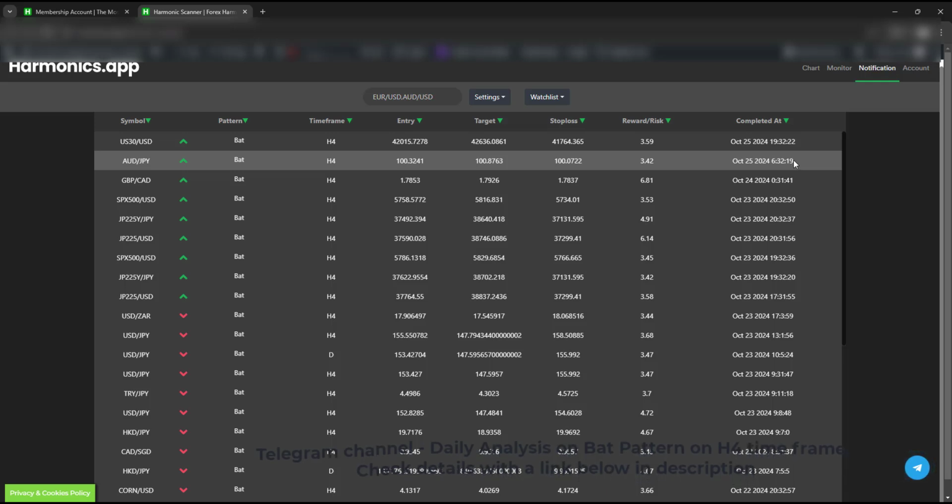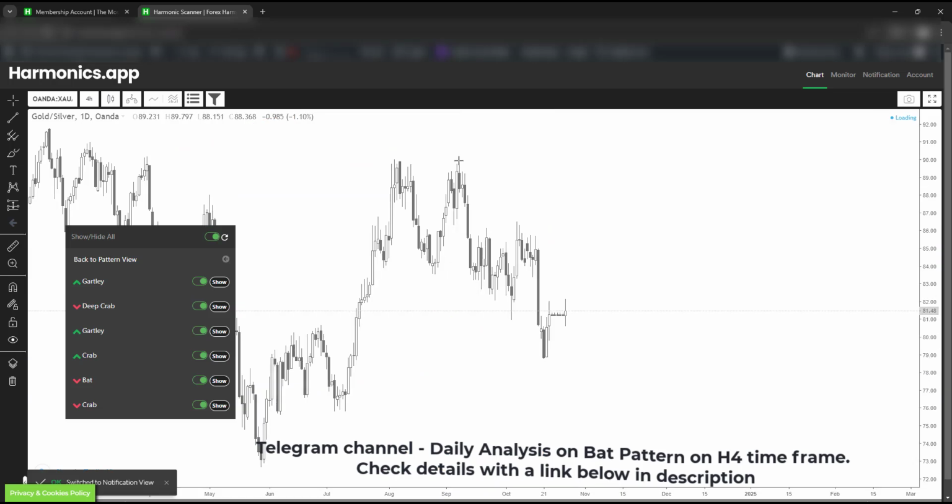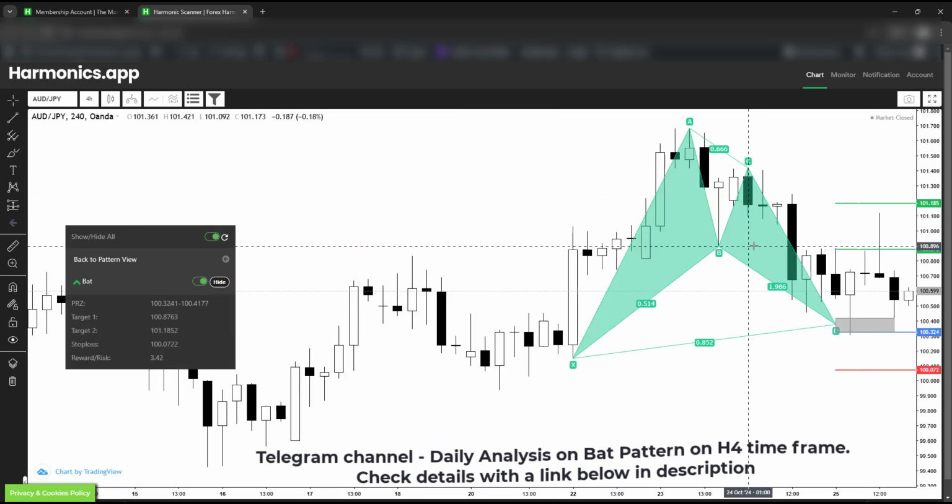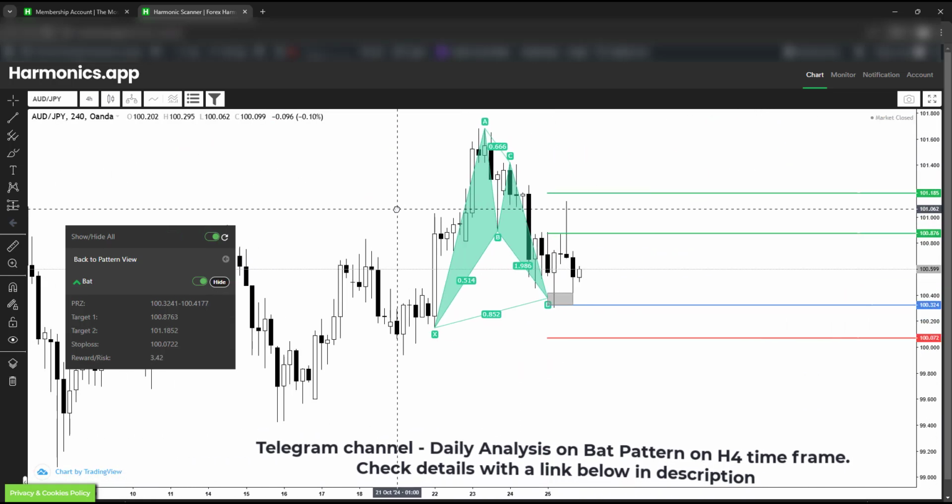When it is detected, it will be populated here in this table and I receive a Telegram notification. Inside the Telegram notification, I get information about the symbol, the pattern and the details. Whenever I click on the link, I am immediately redirected here to the chart where I have all details about this pattern.